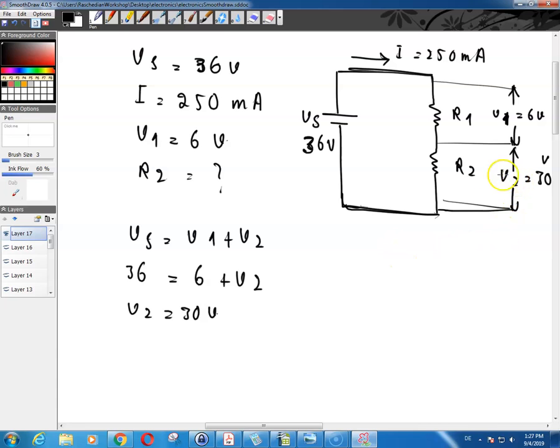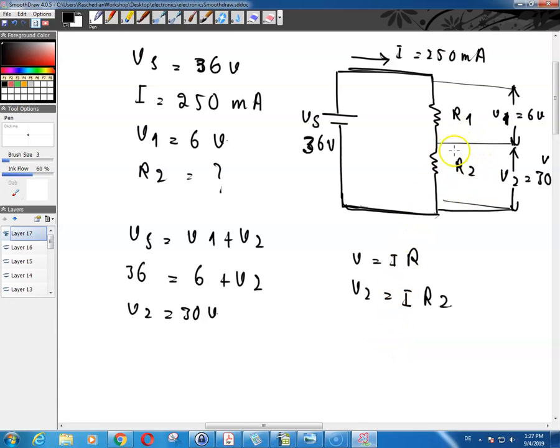Since the voltage drop across this resistor is 30 volts, you can use Ohm's law. V is equal to IR, and the voltage drop across this resistor, V2, is the current going through the circuit times the resistor, R2.